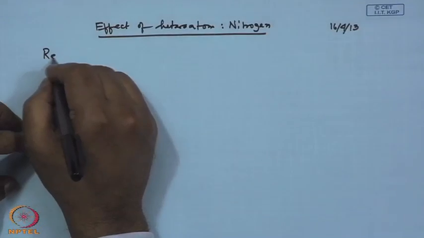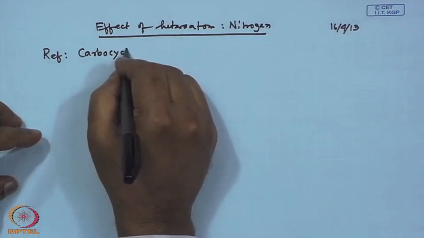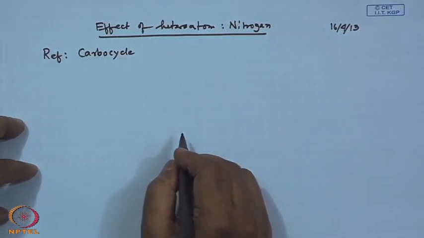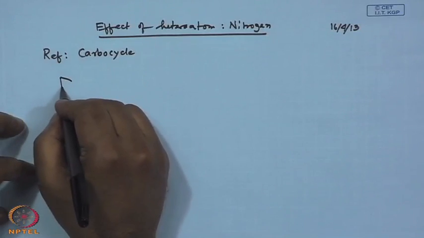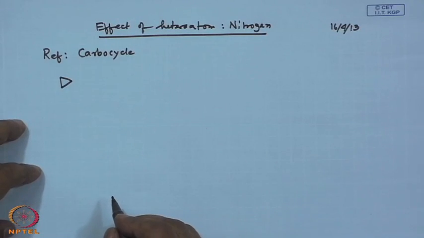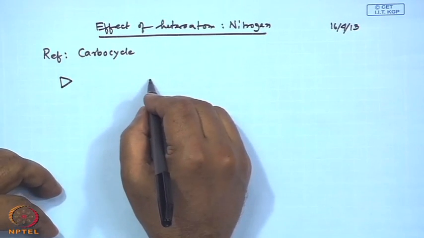So, our reference would be carbocycles. Then when you say so, that means you have to first define which carbocycles you would like to refer to. One of them is cyclopropane, because it is the most strained, as all of us know.